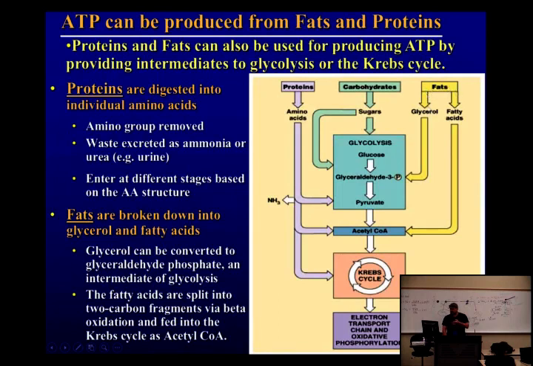The fats, remember, they're made out of glycerol and fatty acids, so the glycerol can go in here and be converted to glyceraldehyde 3-phosphate, or the fatty acid tails can get put into the metabolic pathway at acetyl-CoA. So the point is, I don't want you to memorize all this, but no matter what you're eating, it's going through this pathway in some way, shape, or form.